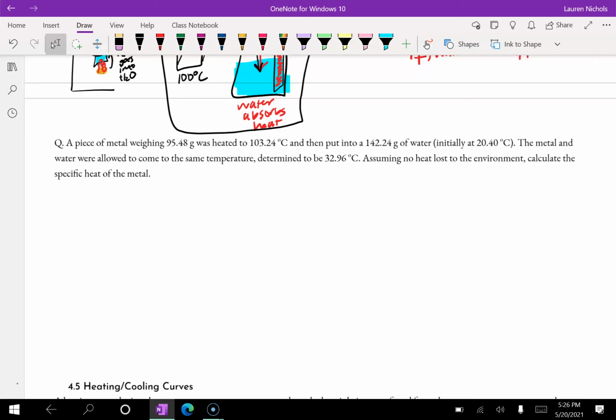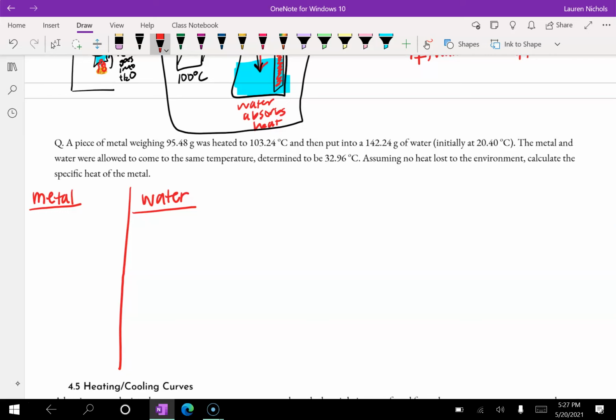Now, in this first sentence, we already have 4 different numbers about 2 different things. So in order to be successful in this kind of problem, you need to separate the numbers that they give you about your metal from the numbers that they tell you about the water, because you're going to have 2 steps, one that deals with the water and the second one that deals with the metal.